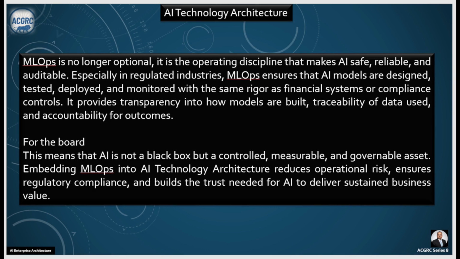This means that AI is not a black box but a controlled, measurable, and governable asset. Embedding MLOps into AI technology architecture reduces operational risk, ensures regulatory compliance, and builds the trust needed for AI to deliver sustained business value.